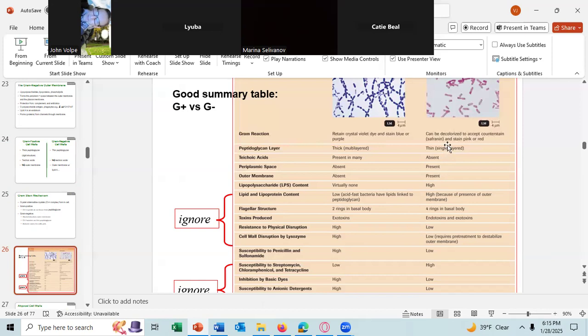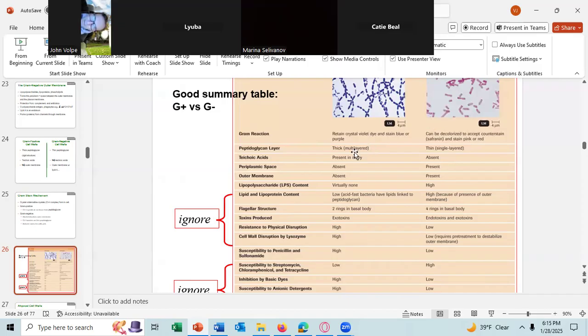The gram-negative cells are gram-negative because they decolorize when you apply the decolorizing step. It'll pull all the color out of the cells. And then they turn pink after being stained with the dye safranin.